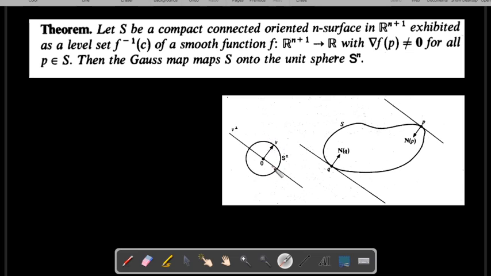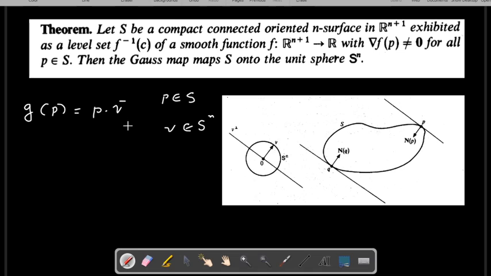Okay, now how to do this? For this, let us have a function definition first. I'm going to define a g of p in such a way that p dot v, where p is an element from your capital S and v is a vector, or rather you can say V is an element of Sn.